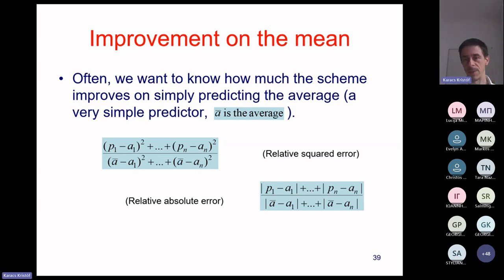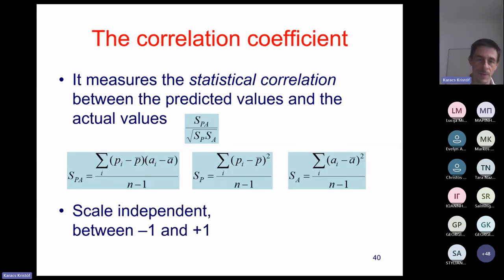Another way, which is independent of the mean and is oftentimes used, is called the statistical correlation between two values. And this basically tries to look at whether knowing the value of one attribute gives us information about the other attribute in a probabilistic fashion.